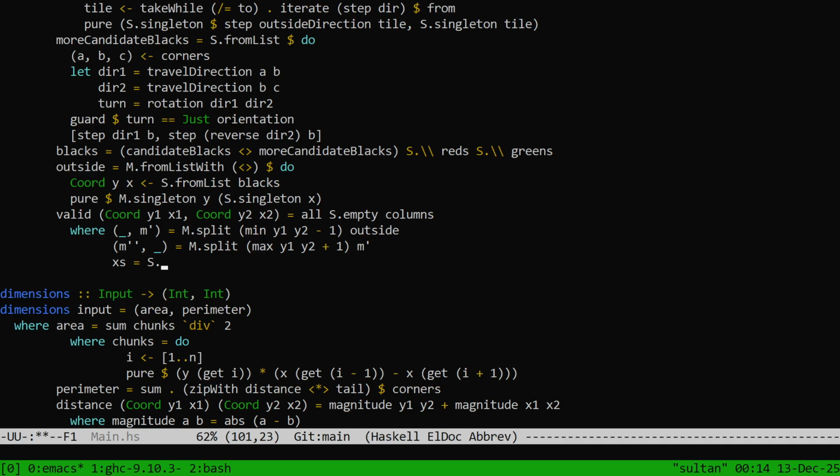I could just use mconcat, honestly, but yeah, S unions, I guess, is clearer. Of I have a single map, m dot elems, yes, right, of, yeah. So now I have all the x coordinates in a big set.